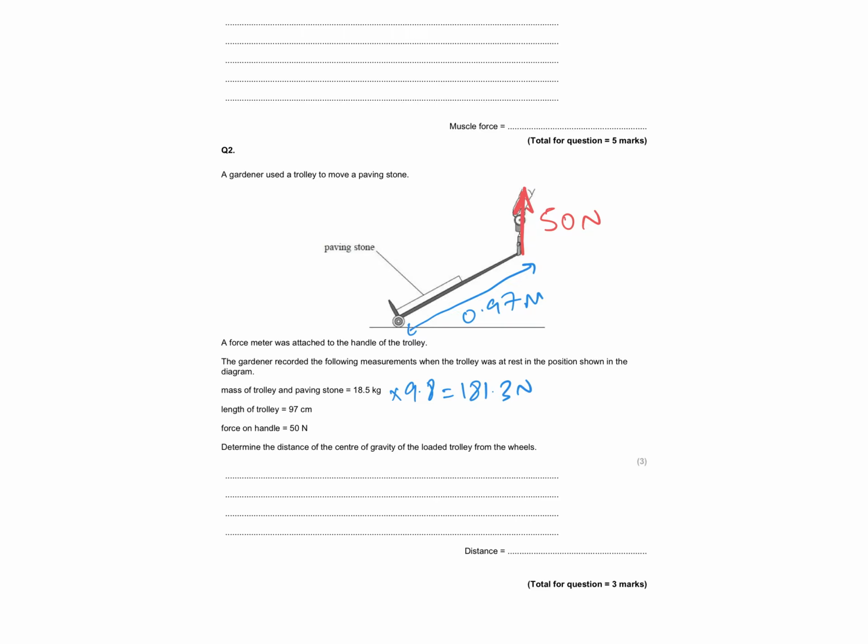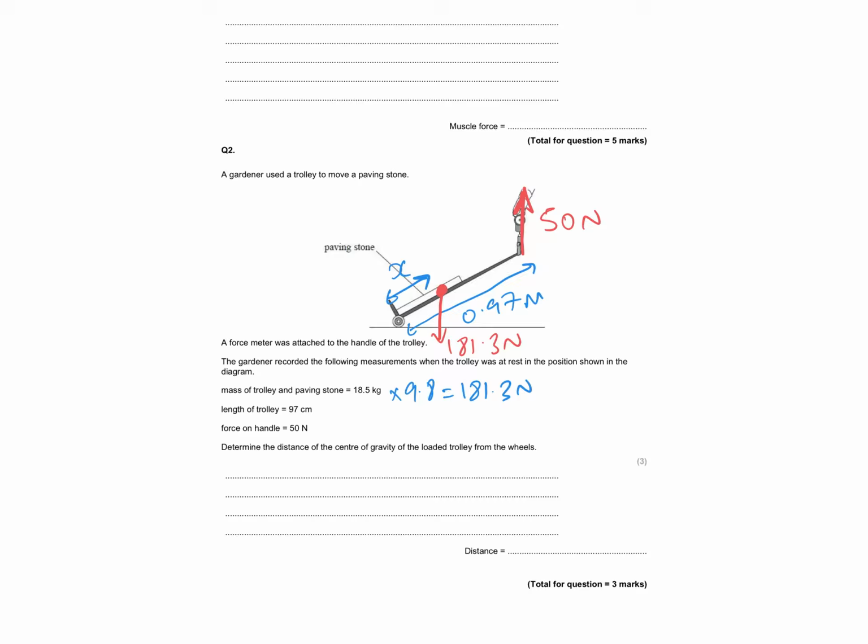Now, our job is to determine the distance of the centre of gravity of the loaded trolley from the wheels. We're trying to find this distance here that I'm going to call x, but at that distance x, that's where we're saying our centre of mass is, and therefore our centre of gravity, and that is therefore 181.3 newtons.